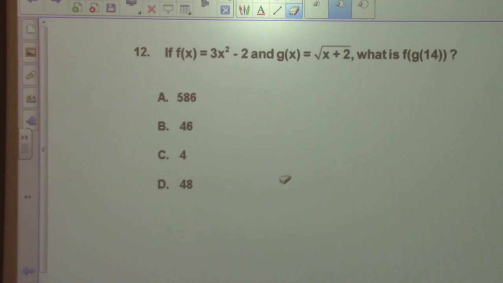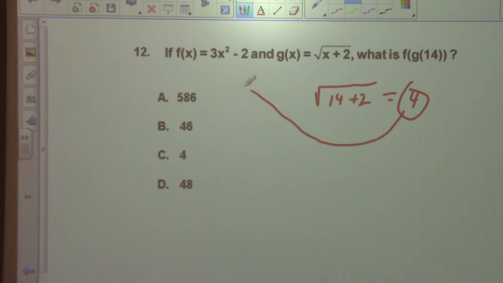This one here is going to be B. You take the 14 into G. So if we have 14, square root of 14 plus 2 is going to be 4. So we take this 4, 3 times 4 squared, 48 minus 2.